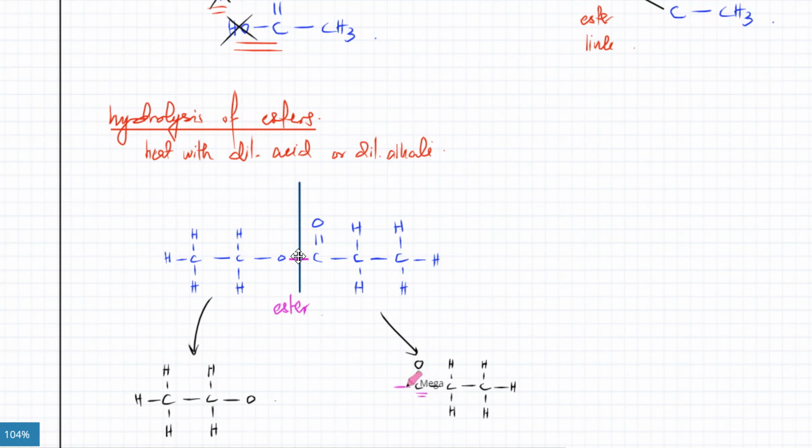Where you see the double bond, turn it back into a carboxylic acid, turn this back into an alcohol. So that's exactly the reverse. ठीक है, dilute acid के साथ heat कर लो या reflux actually करना है. You go to reflux it and the molecule is going to break down into alcohol and carboxylic acid back again.